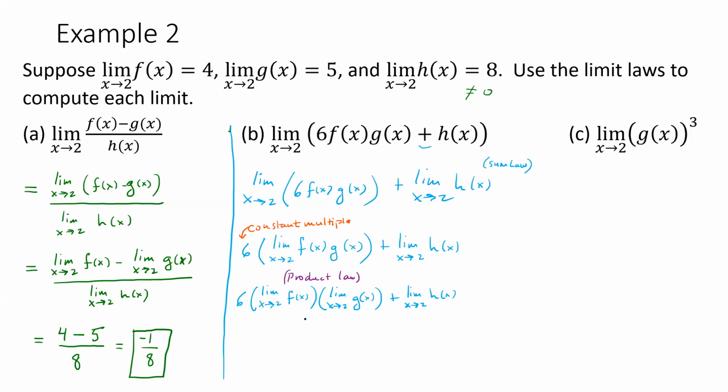And then finally, we can evaluate each of these. We've got f of x approaches 4, g of x approaches 5, and then h of x approaches 8. So I can just put those values in now. So I get 6 times 4 times 5 is, I think, 128.